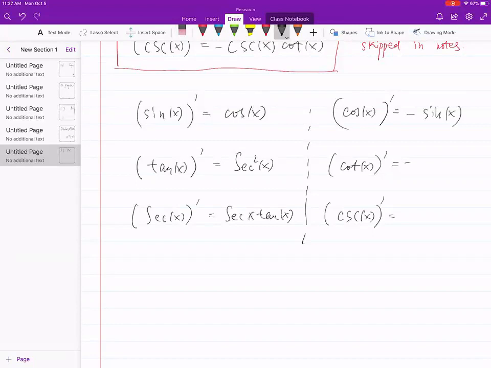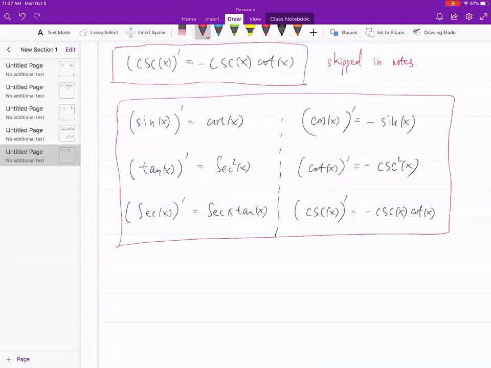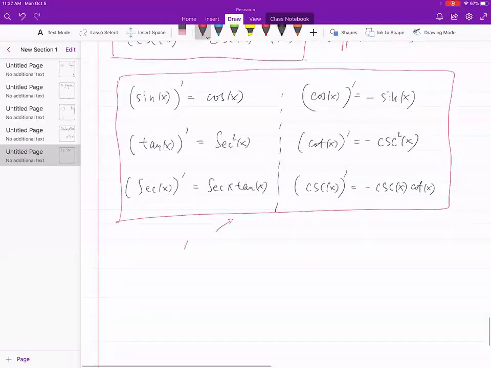Negative, if this is secant, I'm going to use cosecant. If this is secant and tangent, then cosecant and cotangent. That will be all the formulas we need for trig. Memorize it.